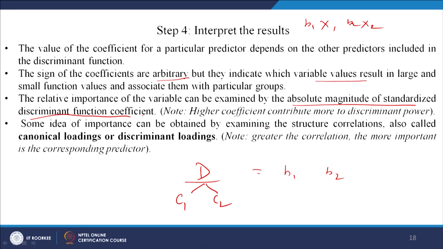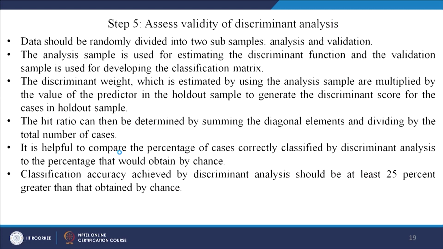If the coefficient is smaller, then you cannot exactly say that there is a clear-cut difference between the two groups, right. Some idea of importance can be obtained by examining the structure correlations, also called canonical loadings or discriminant loadings. Now, remember, the greater the correlation, the more important is the corresponding predictor, right. So, let us see, and finally, we will come to the validity of the discriminant analysis.